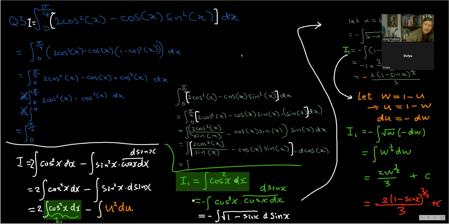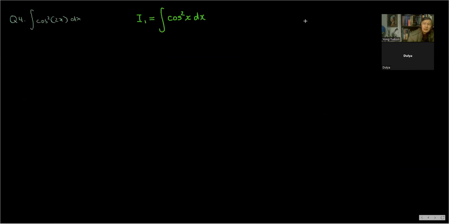This is cosine x, except this got 2 here. The only difference is that here they got 2. Anyway, how can we use the method we just used for question 3 to solve this problem?